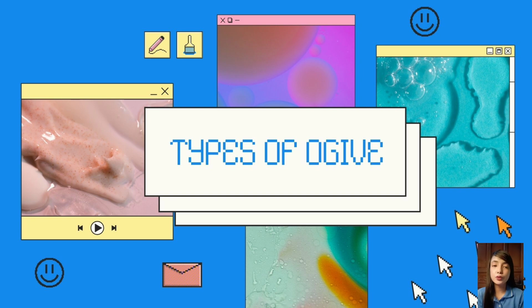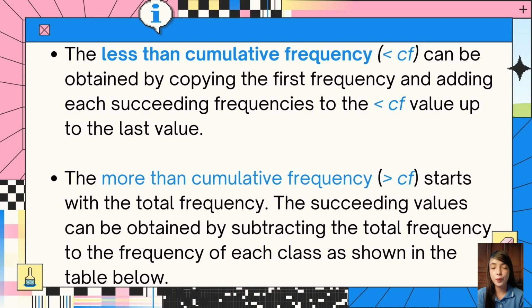So we have two different types of OGIVE. We have the less than cumulative frequency and the more than cumulative frequency. So ano nga ba yung difference ng dalawang ito? So later, magpapakita ko sa inyo ng graph para mas maintindihan natin.